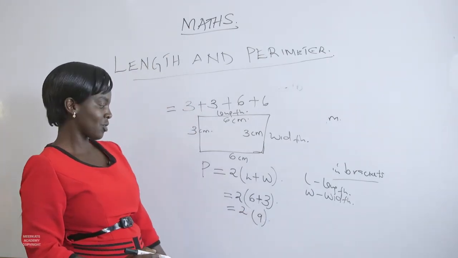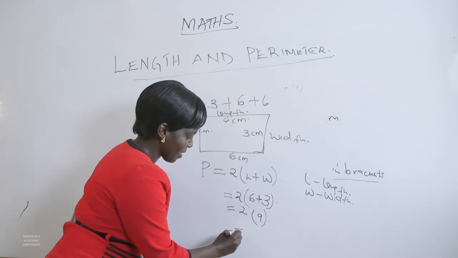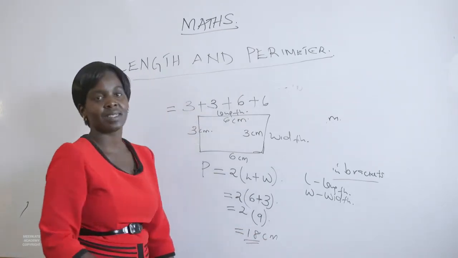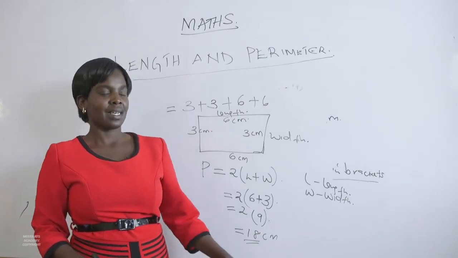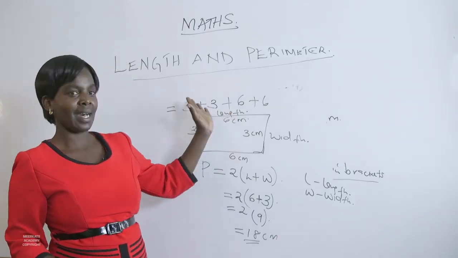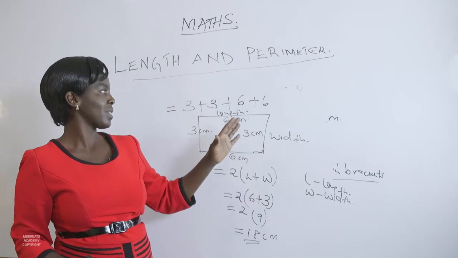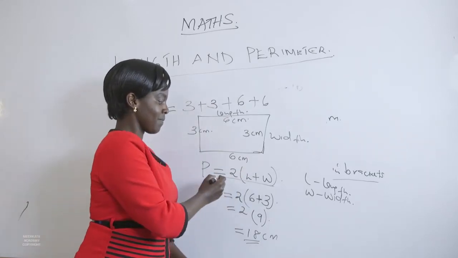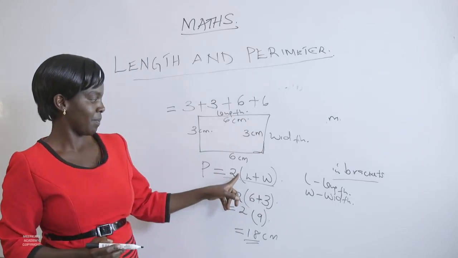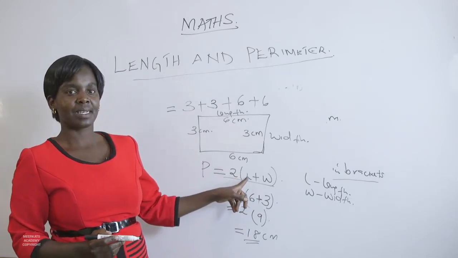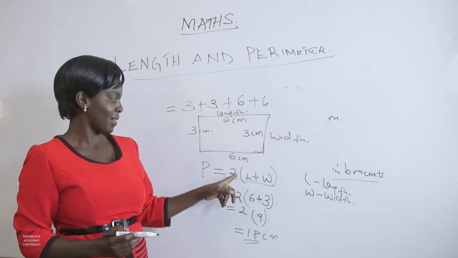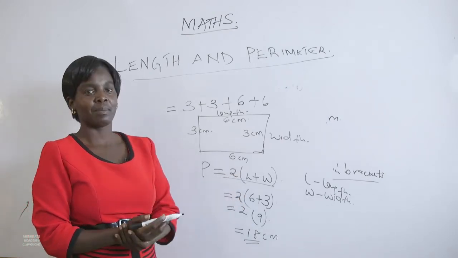Then it is 2 into 9, which will give us 18 centimeters. So you realize that you can add all round, but because this is tiresome, we have the formula for getting the perimeter of a rectangle: 2 into length plus width.